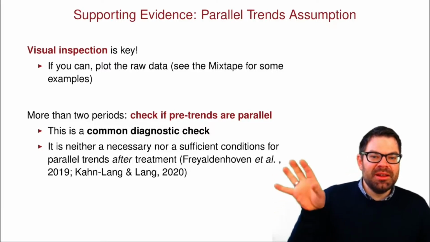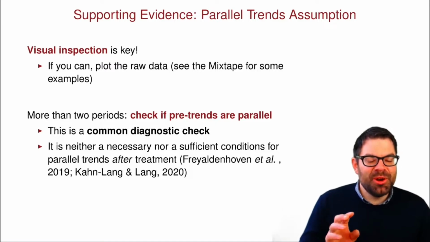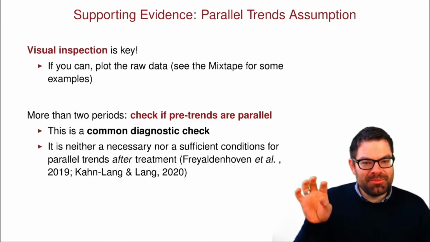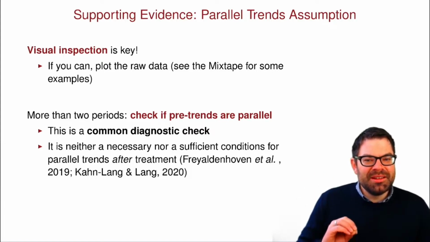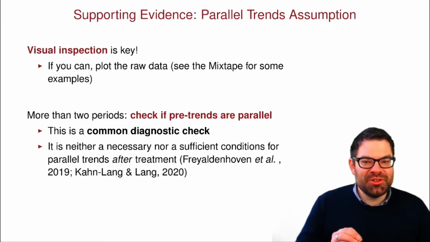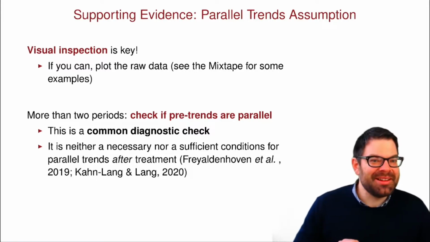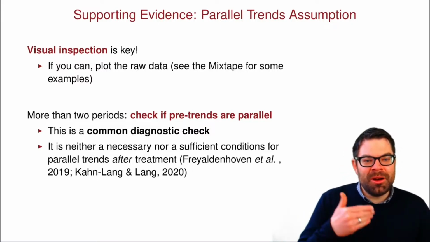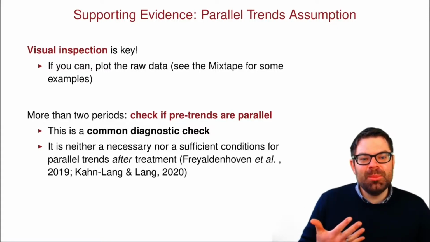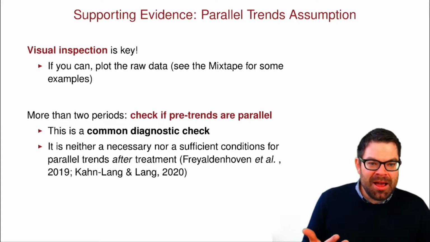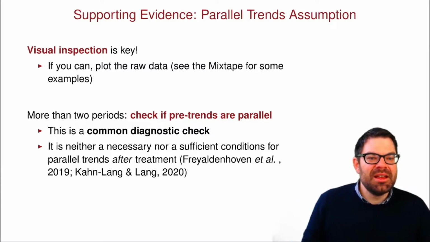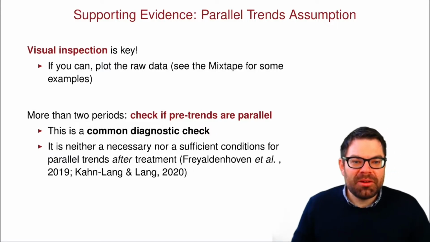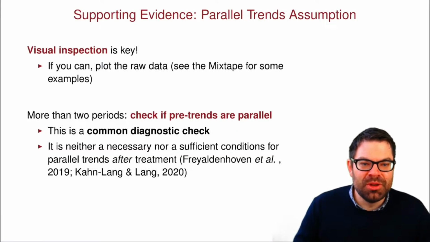So you can look at pre-trends, but you have to obviously also note that having pre-trends that are parallel between treated and untreated group is neither a necessary nor a sufficient condition for parallel trends after the treatment. And that's what you actually need. But you can look at the Mixtape. There are a good few examples of how people used graphs and showed how the patterns in their data are consistent with the plausibility of parallel trends. So I would refer you to that.